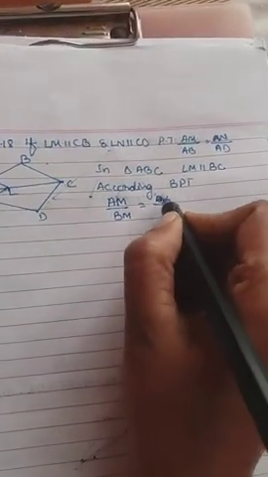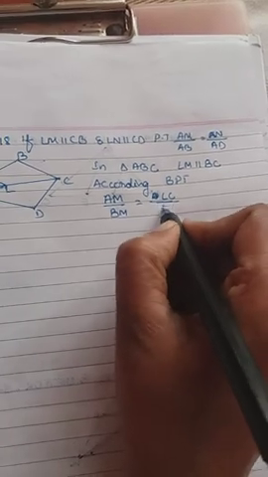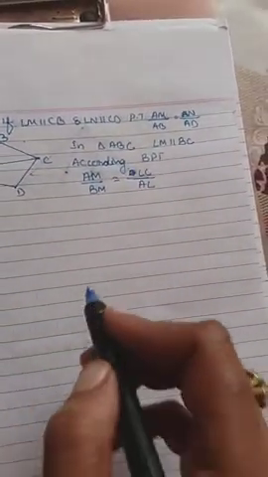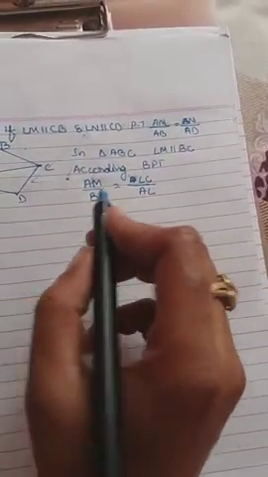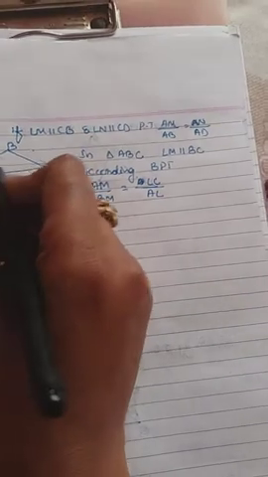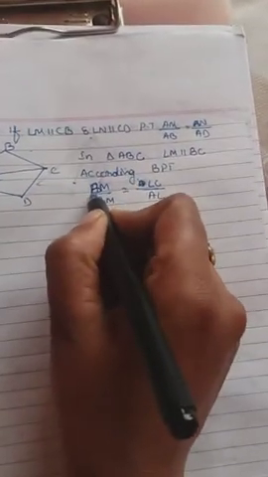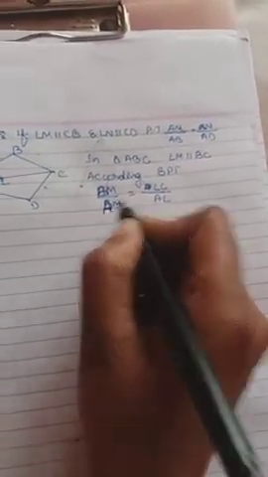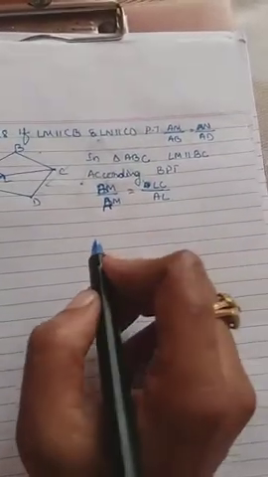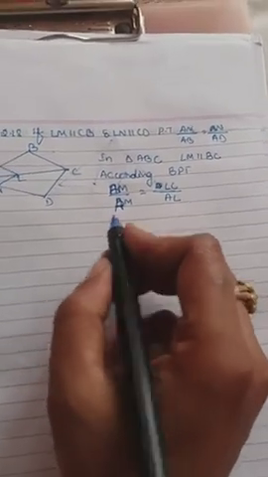Taking the inverse, we can write BM divided by AM equals LC divided by AL.